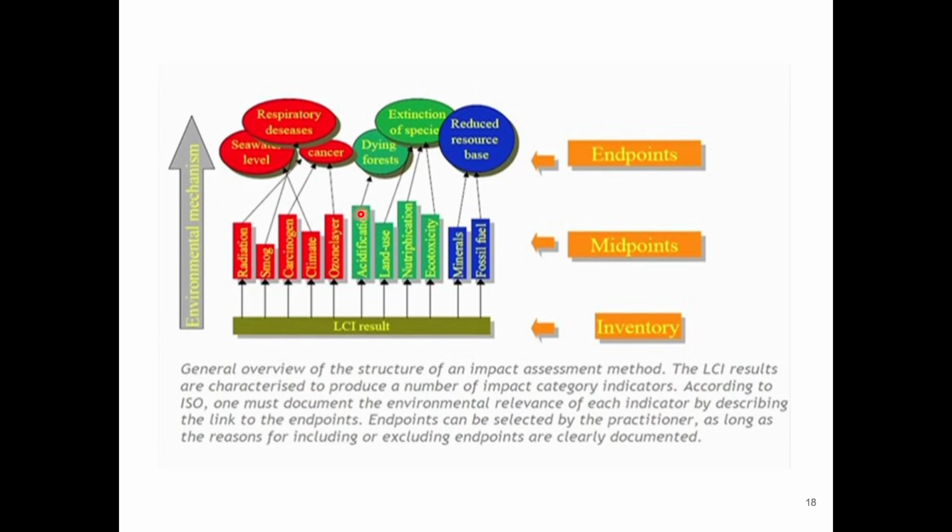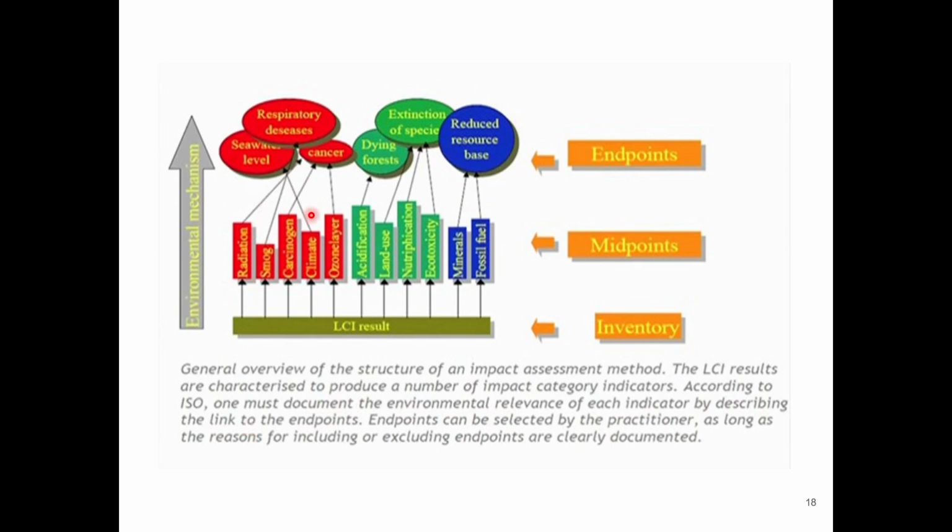We will find the impact category indicators, and according to ISO, the International Organization for Standardization, one must document the environmental relevance of each indicator. Otherwise, it is not required: if the environmental impact is less than 0.5%, it is not necessary. We document the environmental relevance of each indicator by describing the link to the endpoints.